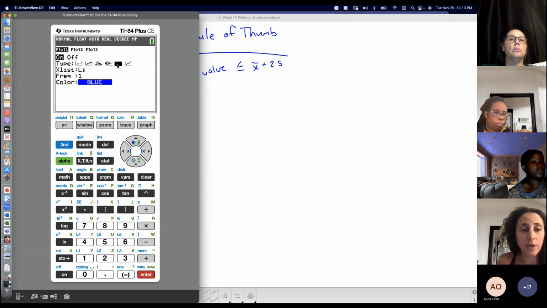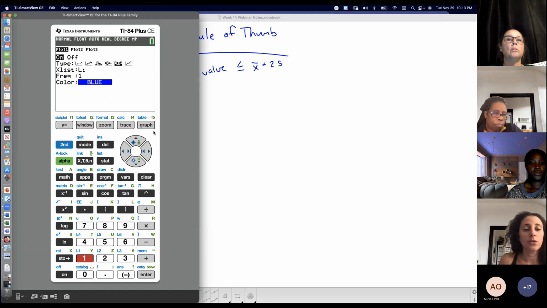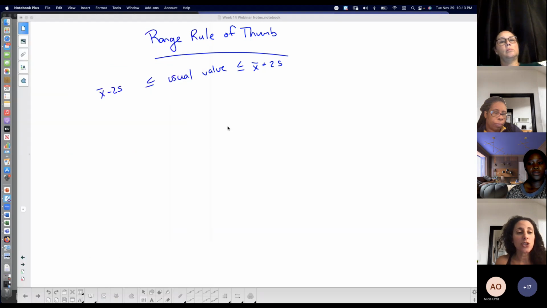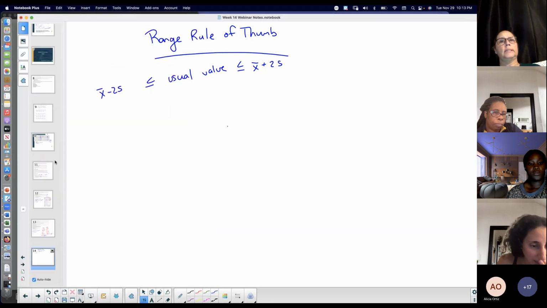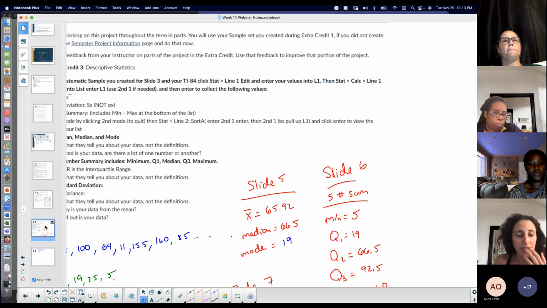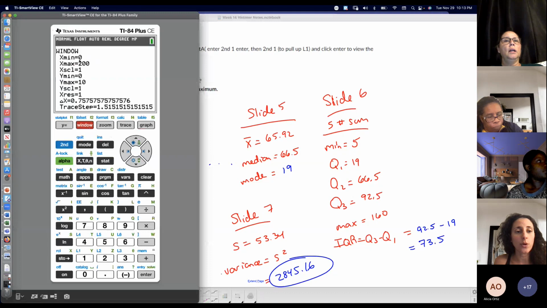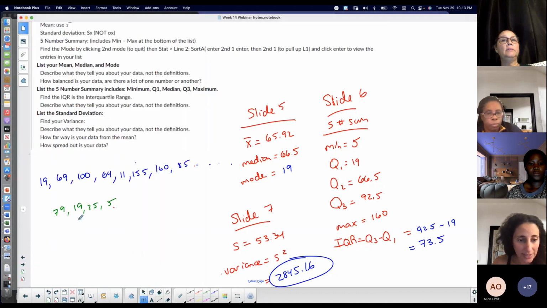If I do the regular box plot, which is this one, and my X list is in L1, I'm going to go to graph. It probably won't show up. Oh, it does. If it doesn't show up, the reason is that my window does not support the min and the max X value that corresponds to this.